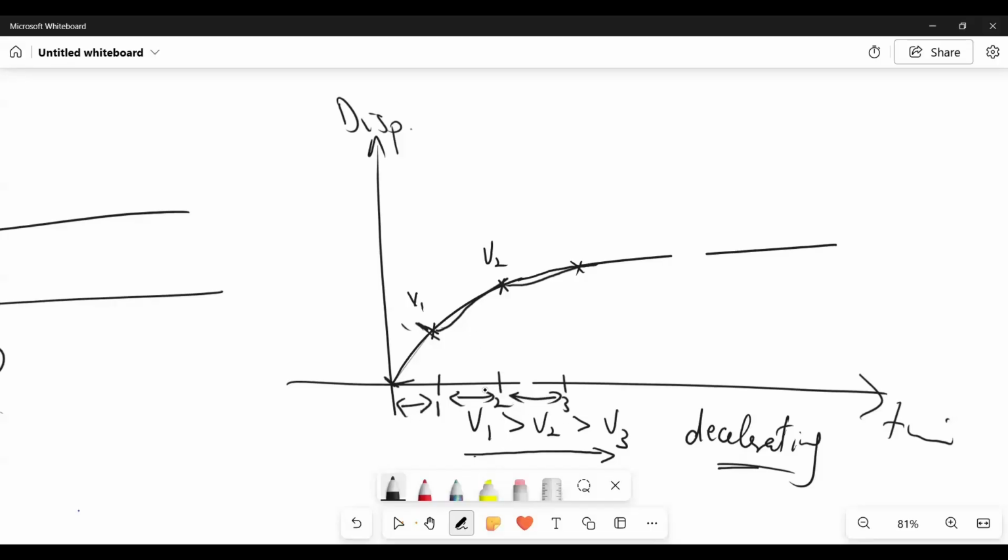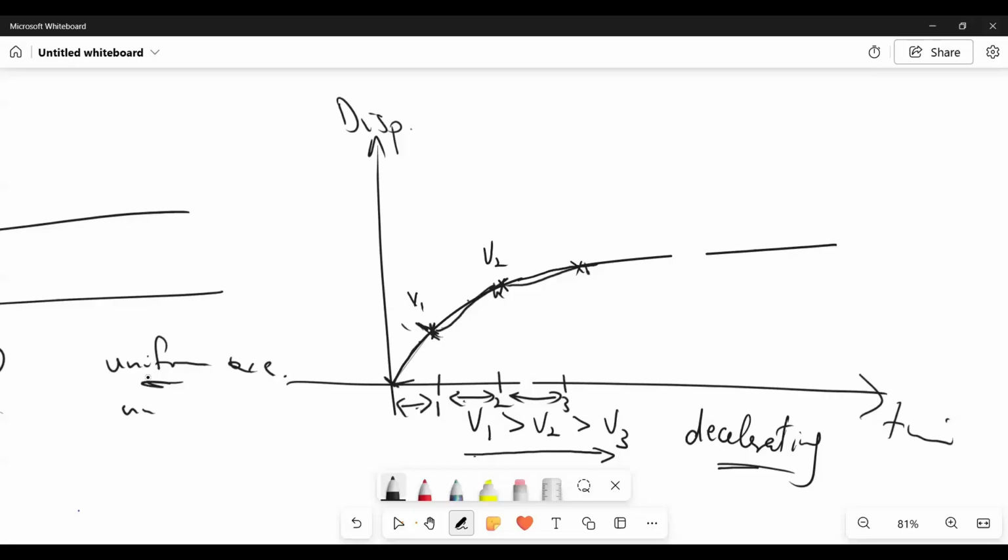And now you can decide whether the acceleration is the same or not. If it's not the same for each 1 second interval, then you don't have uniform acceleration. But if the average acceleration for each second is the same, then you can conclude that we have uniform acceleration.